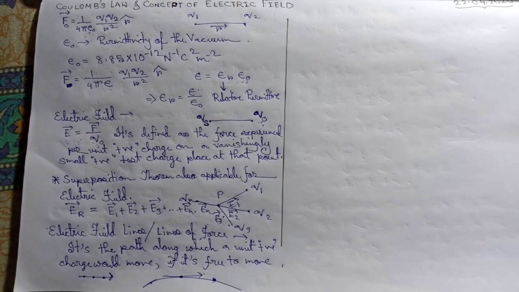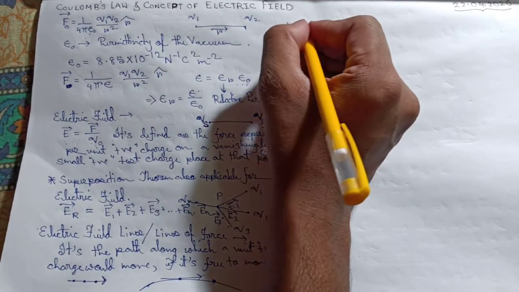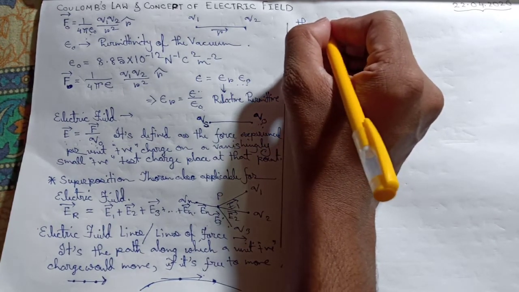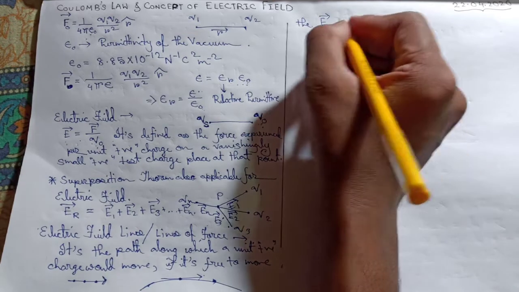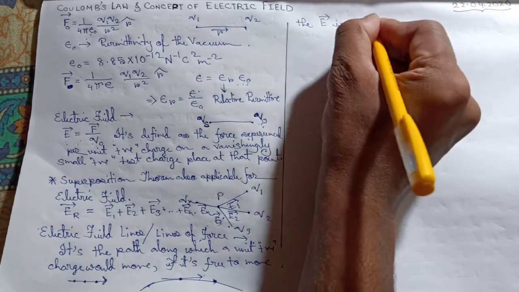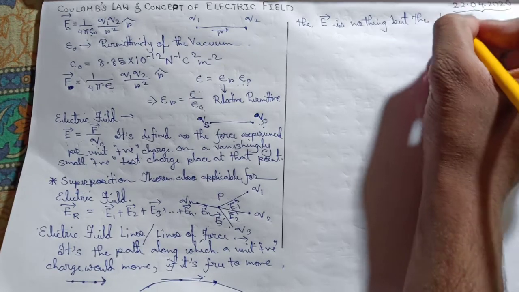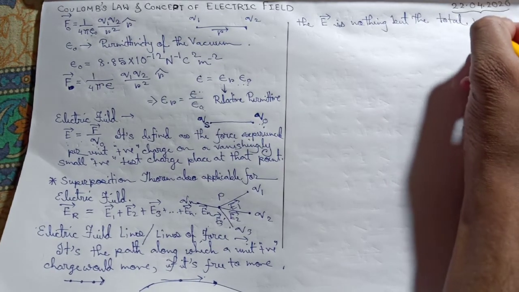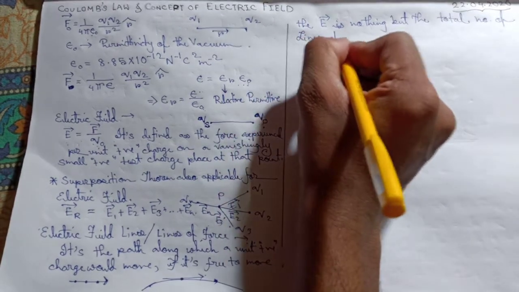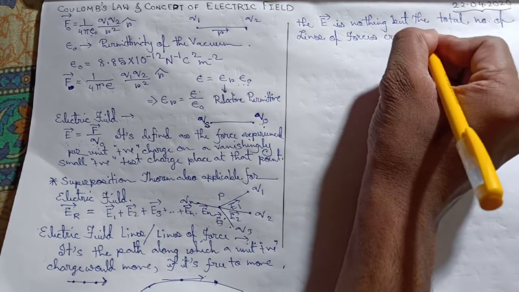Okay, so there are some properties. One more thing: the strength of the electric field, or the electric field intensity, is nothing but the total number of lines of force crossing per unit area.